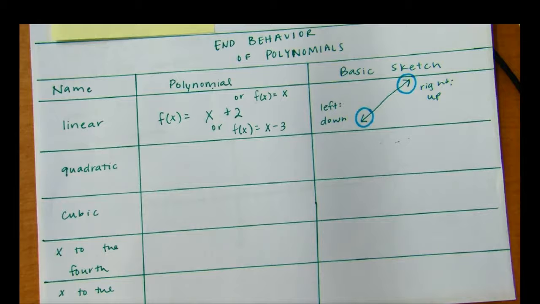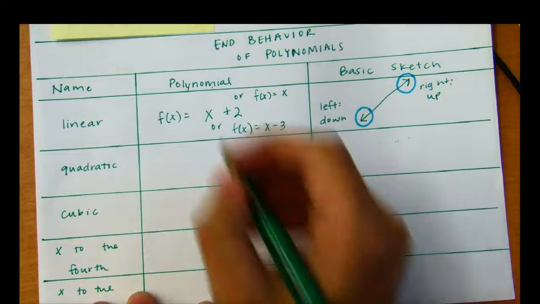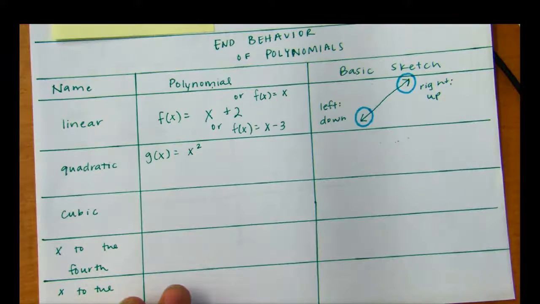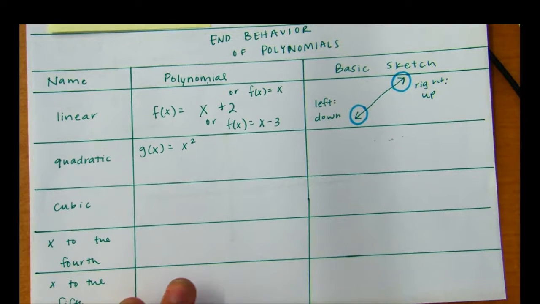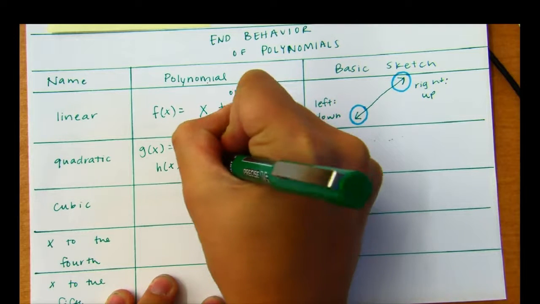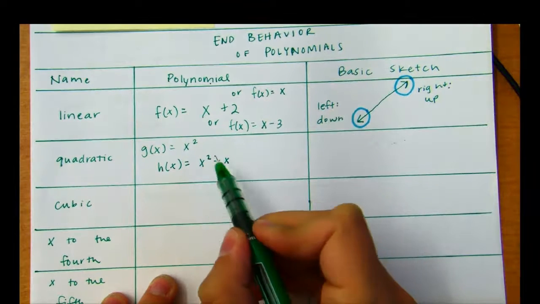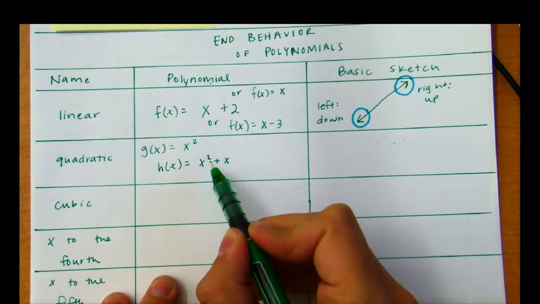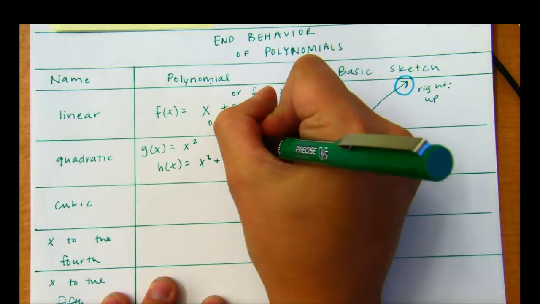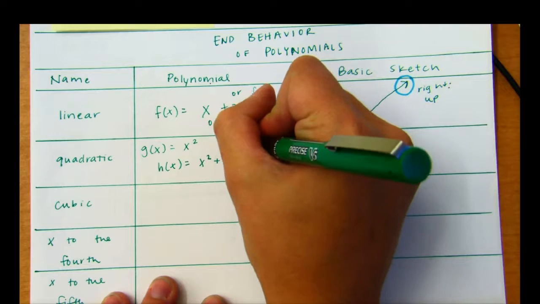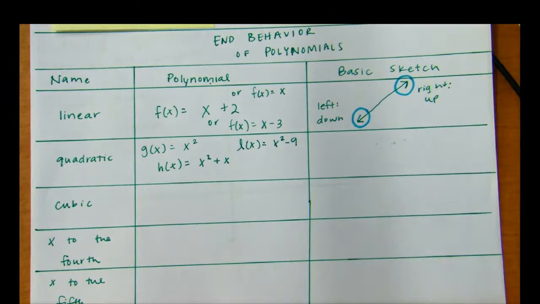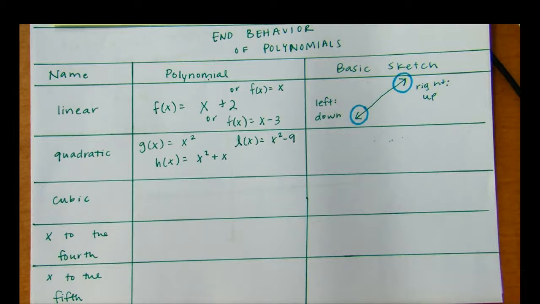Look at our next one. For a quadratic equation, my general form is g of x equals x squared. But a quadratic equation can have other things going on too. This could also be h of x equals x squared plus x. My highest power is 2, which makes this a quadratic equation. I could also have something like L of x equals x squared minus 9, and this would also be considered a quadratic equation.